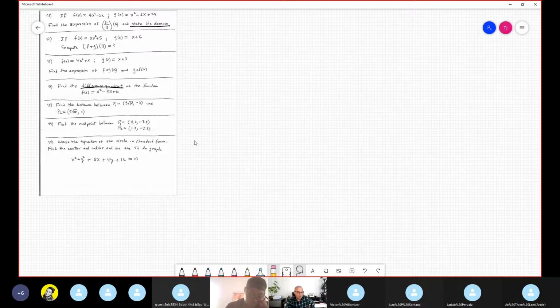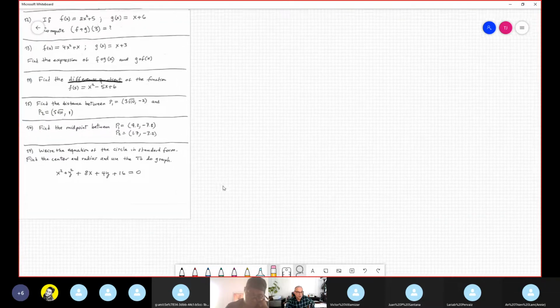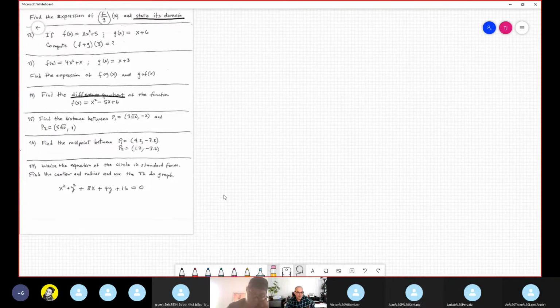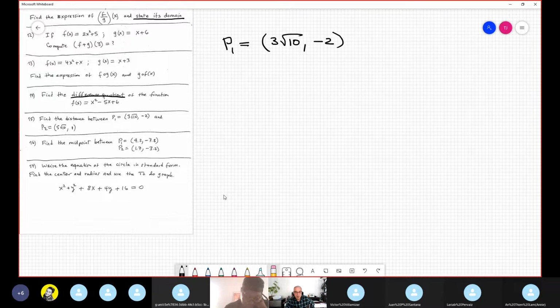Well, let's move on to the next question. The next question is to find the distance. Remember, two points are given, P1 and P2. P1 is 3 radical 10, and we are expecting a complicated irrational number in this question. P2 is 5 radical 10, comma 1.